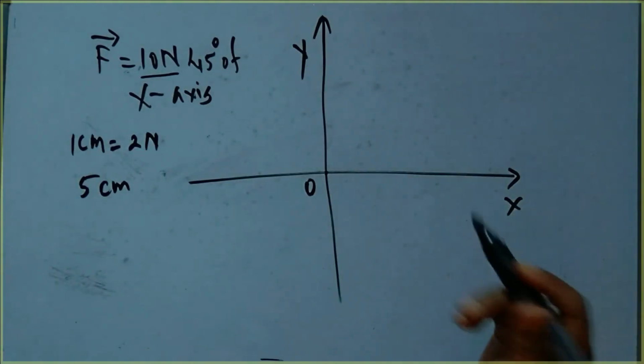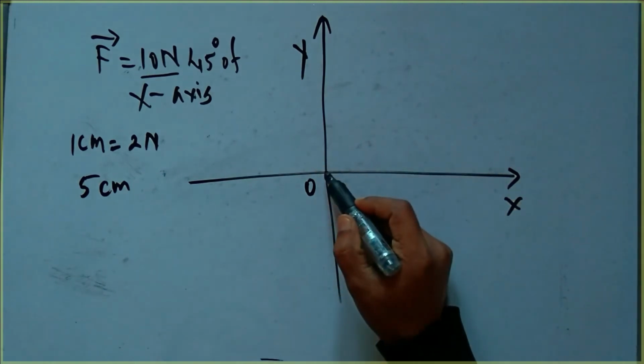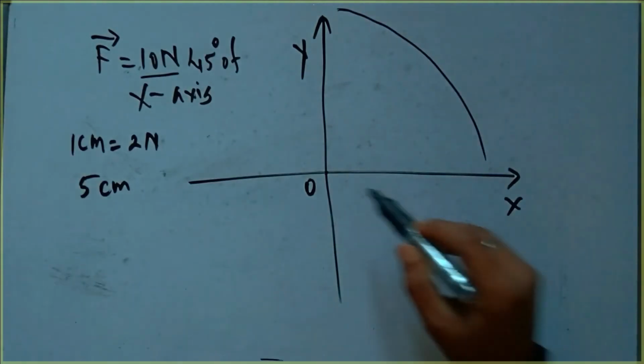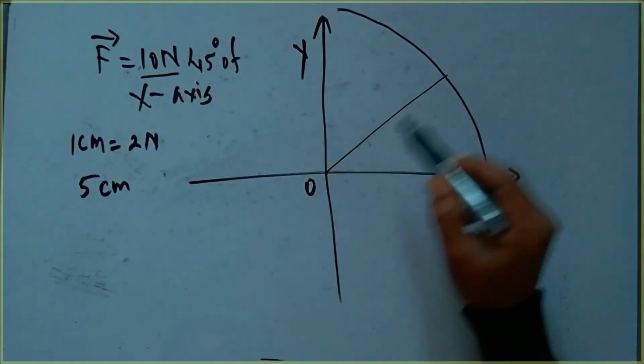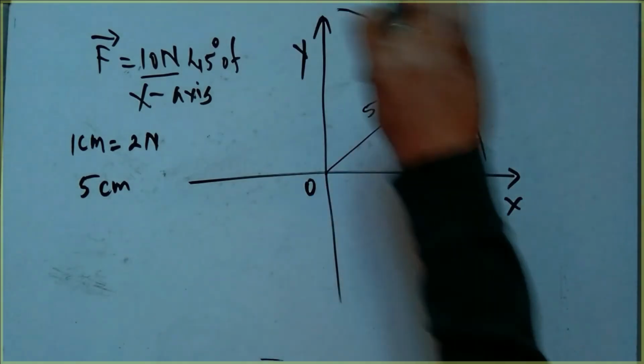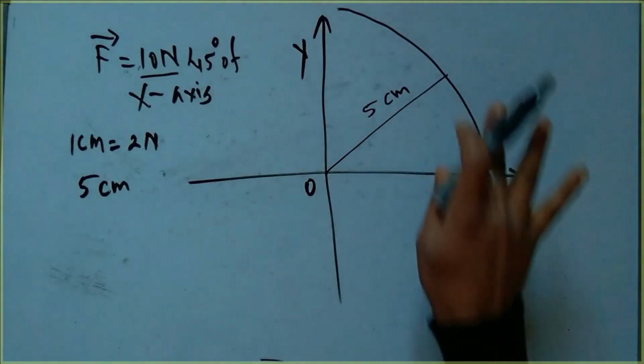So what we can do is take a compass, put one end here at the origin, and draw an arc whose length has to be 5 centimeter. Now this arc of 5 centimeter has been drawn.